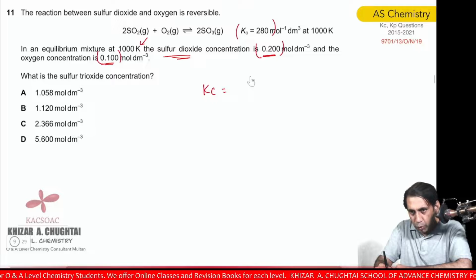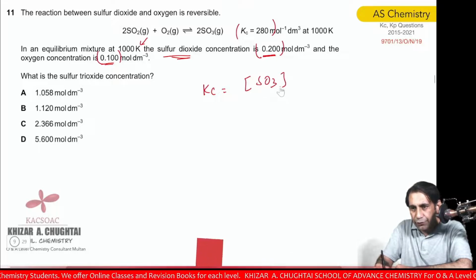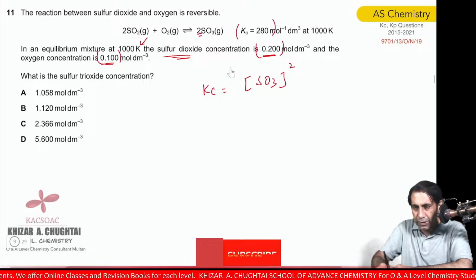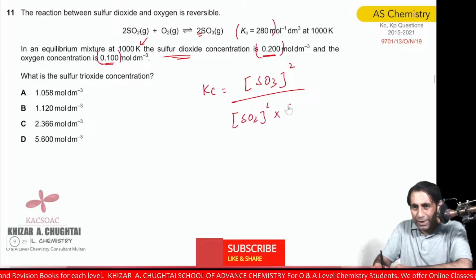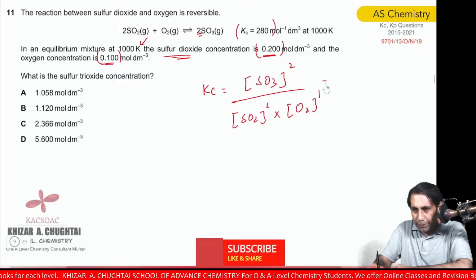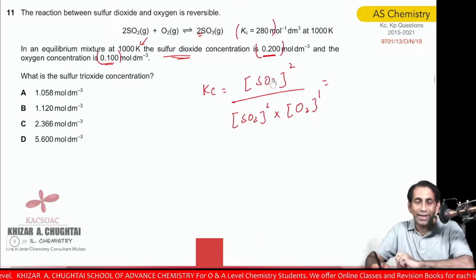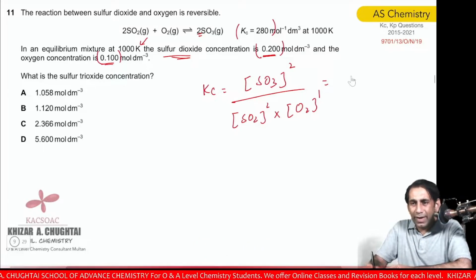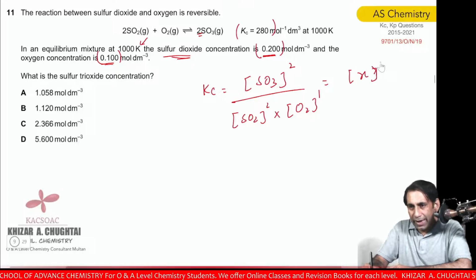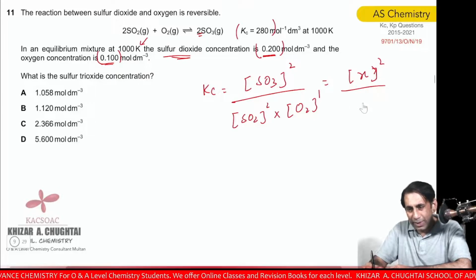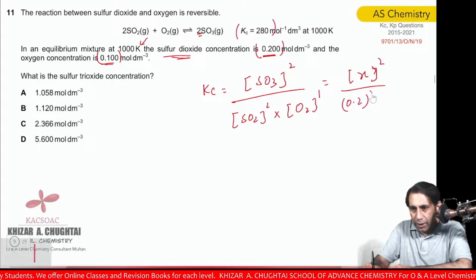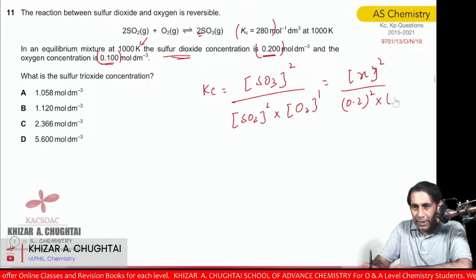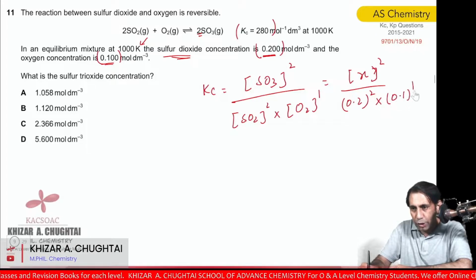Kc is equal to the concentration of SO3 raised to power 2, divided by SO2 raised to power 2 multiplied by O2 raised to power 1. We are supposed to find the concentration of SO3. Let it be X. So X squared divided by 0.2 raised to power 2 multiplied by 0.1 raised to power 1.